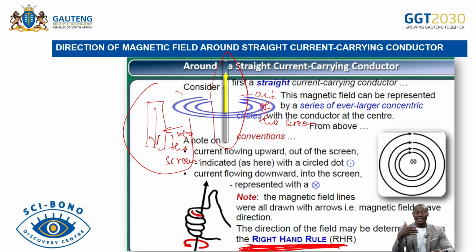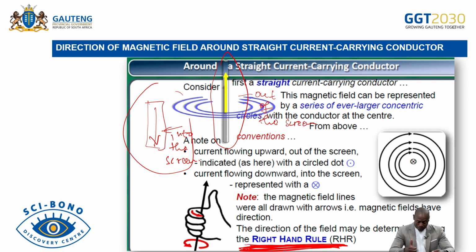After getting the direction of the current, how do we get the direction of the magnetic field? We use the right hand rule. The thumb is always in the direction of the current, and the curled fingers are in the direction of the magnetic field.